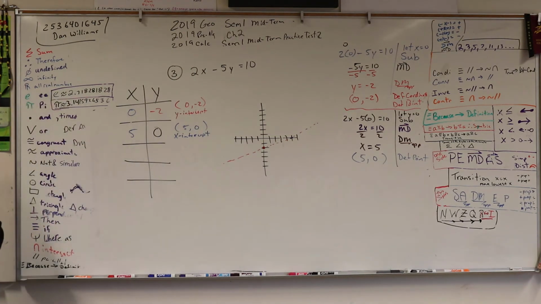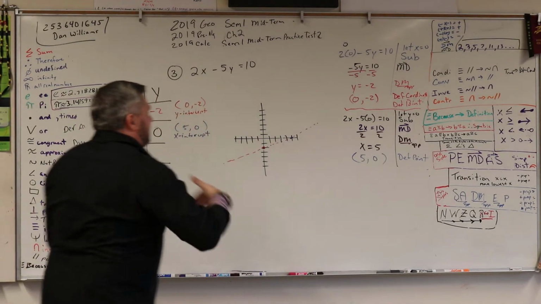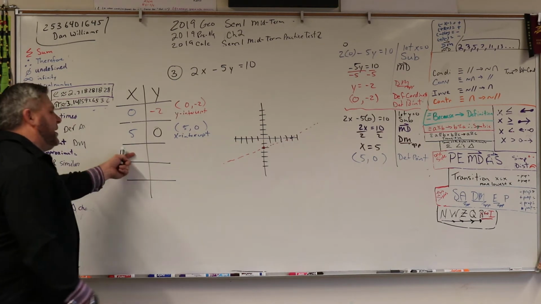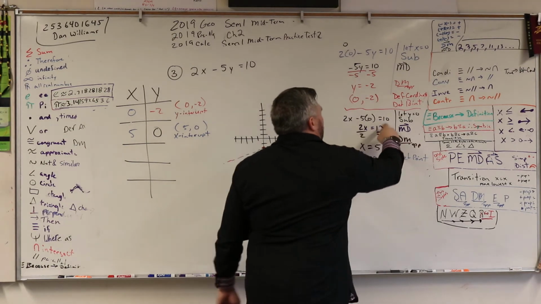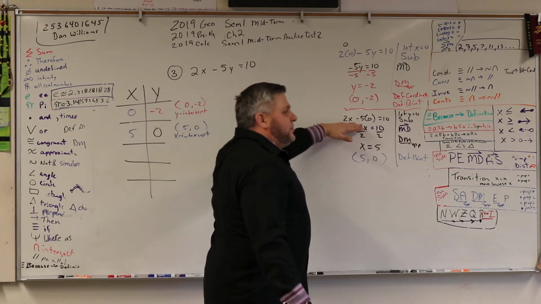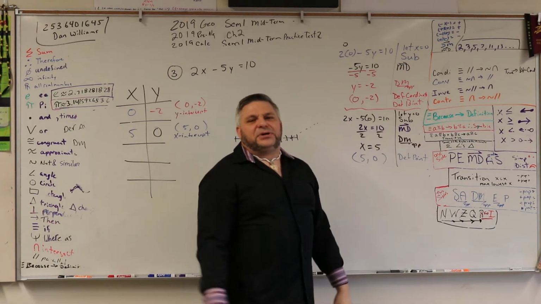Now we want to make sure that this is a line, and so we're going to plug 2 more numbers in. We want to learn to choose good numbers. So if I put in a number for x, right, I want it to be something so that 5 will go into it. So if I put in a 5 for x, no matter what I do to the 10, the 5 will be able to go into it.